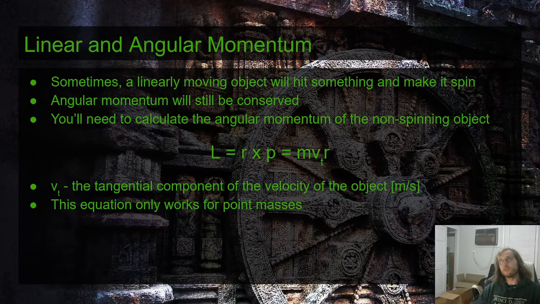So if you have an object that's moving in a straight line relative to a pivot, r will constantly be changing because you'll be getting closer to that pivot. Additionally, v_t will constantly be changing because as that object moves closer to the pivot, how much of its velocity is tangential or not is going to change.